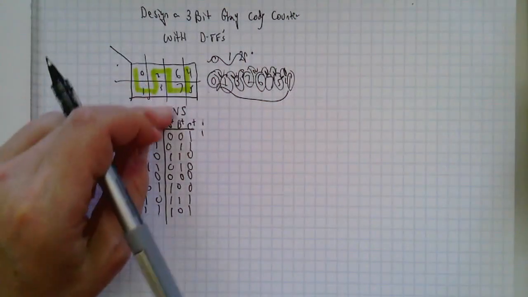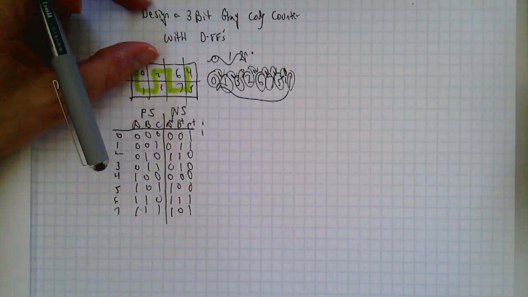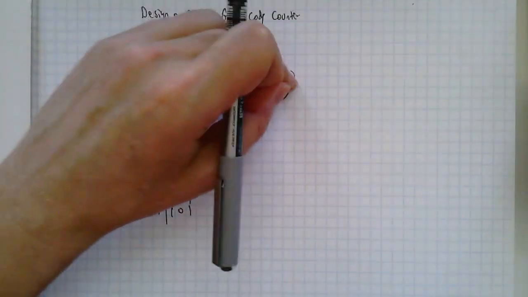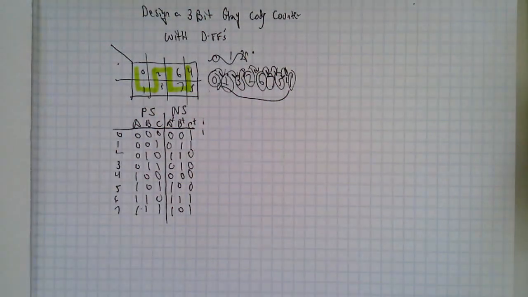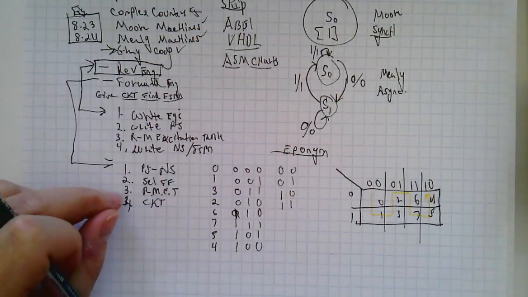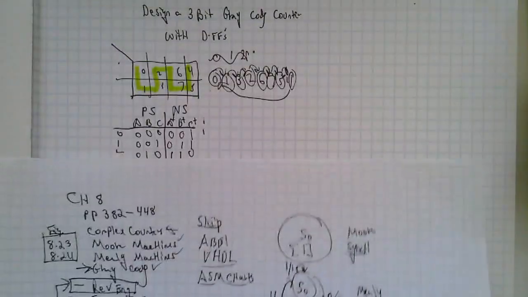Based on the design command for a 3-bit gray code counter, I figured out how to do a 3-bit gray code counter. I wrote out my finite state machine, did my present state, next state table. I go back to my list. It says here, select a flip-flop. Well, it says design with D flip-flops.